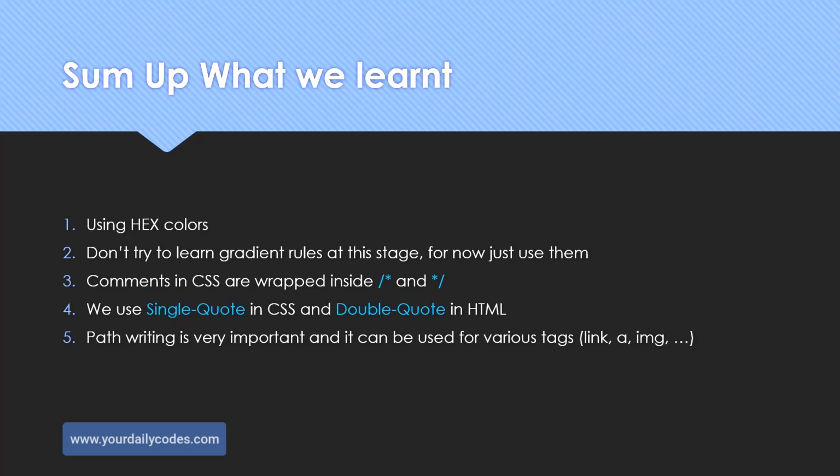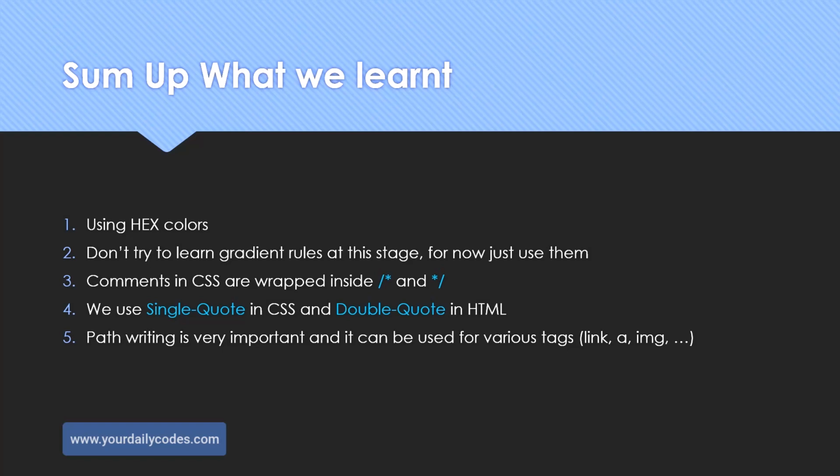For now, we used it for our background image in CSS, but it also can be used in HTML. For example, we will become familiar with link tag in next sessions, or even in a tag. Sometimes we use external links, for example, https somewhere.com, but sometimes we use internal links, and we just write down the path of another index.html file, and when user clicks on that link, it will be redirected to the other HTML file that we have.